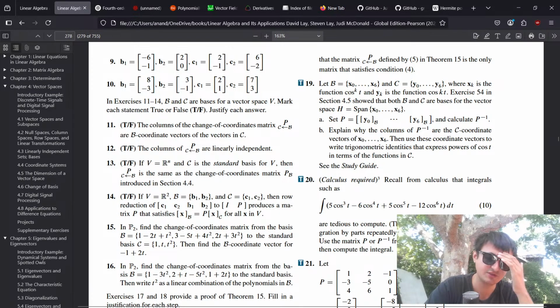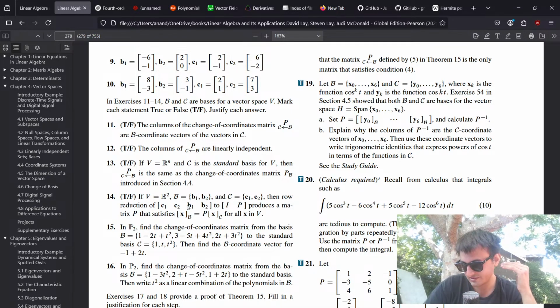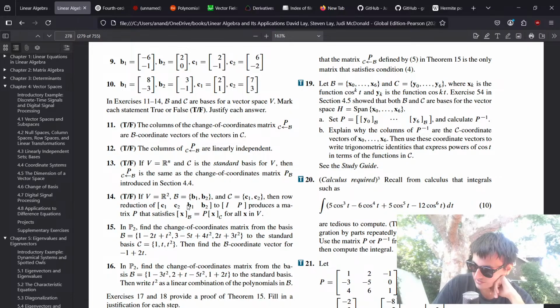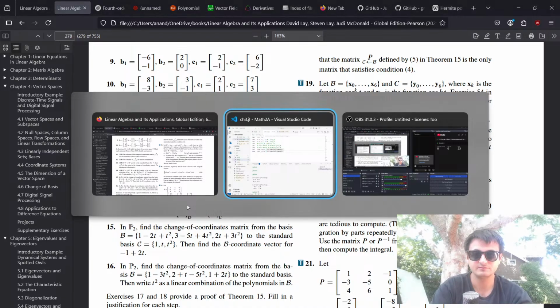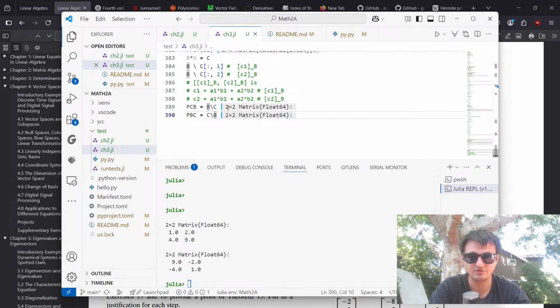So what does this turn into? You're solving C backslash B, right? And C backslash B is the same as rref of the hcat of C, B, right? Let me just double check. So hold on.